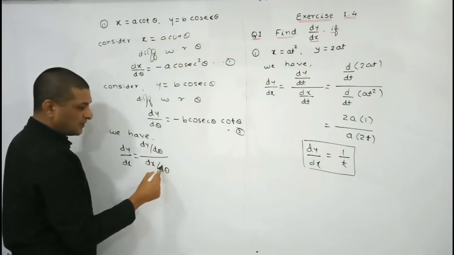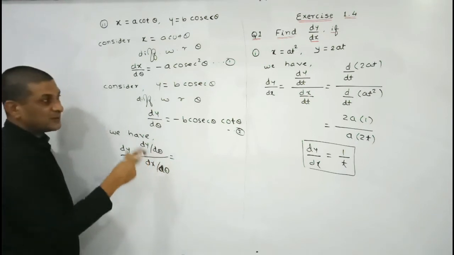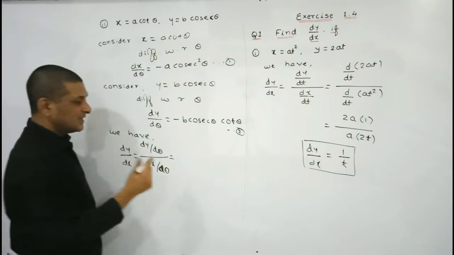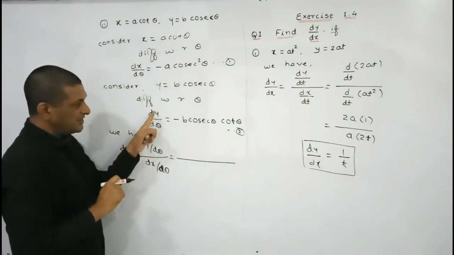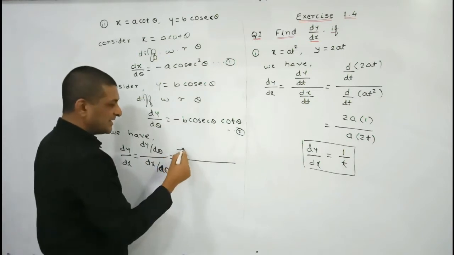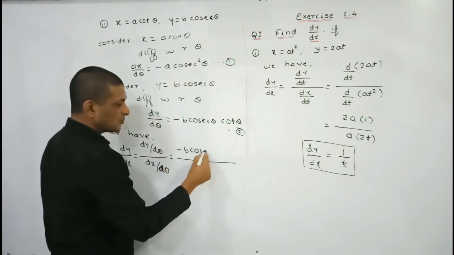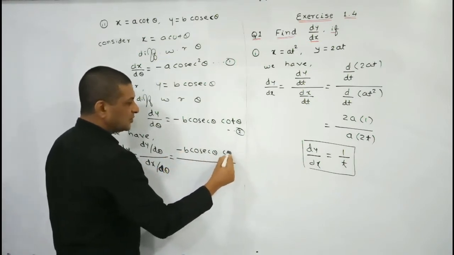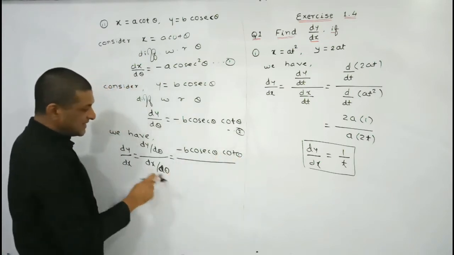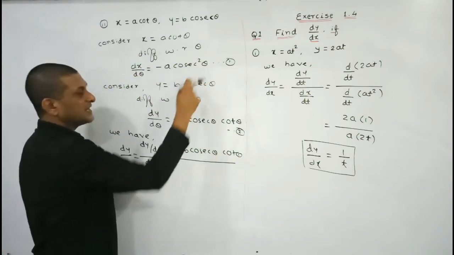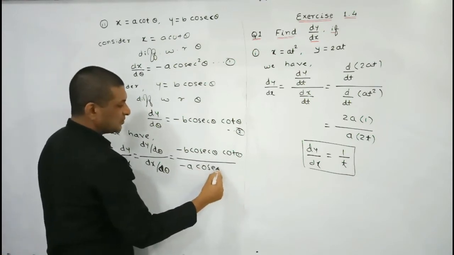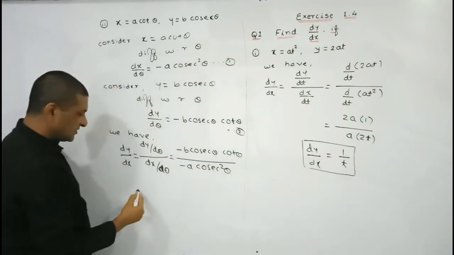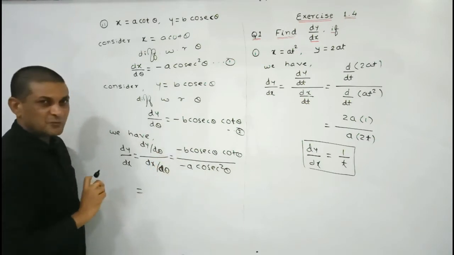Both values are already known to us, denoted by equations 1 and 2. The only remaining part is to substitute these values. dy upon d theta is equal to minus b cosec theta into cot theta, and dx upon d theta is equal to minus a cosec square theta, so minus minus will get cancelled.